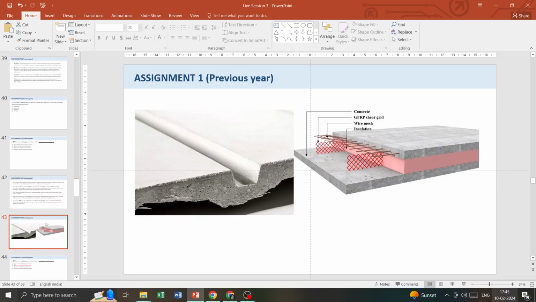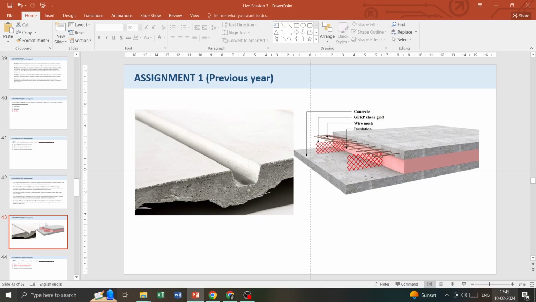So this is how GFRC actually looks. So we have concrete and then we have the GFRC shear grid. You can see the red mesh there, that's made of GFRC. And then this is a component example. So it's like this.